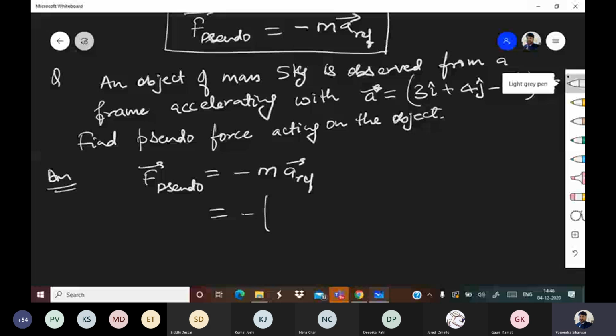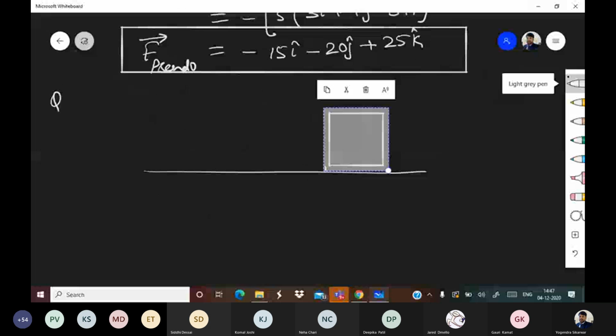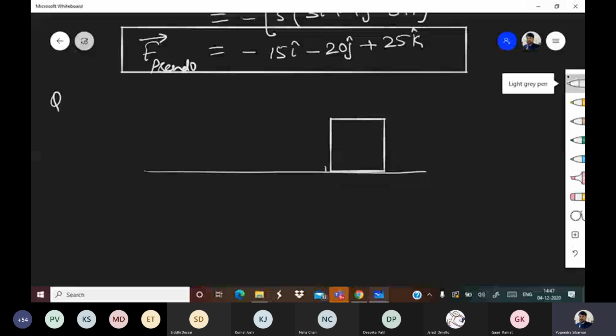Question. So this is a block of mass, let's say 10 kg. Okay. A force is acting on it and the value of force is 50 Newton. Now there are two persons. One person is A and that person is at rest.